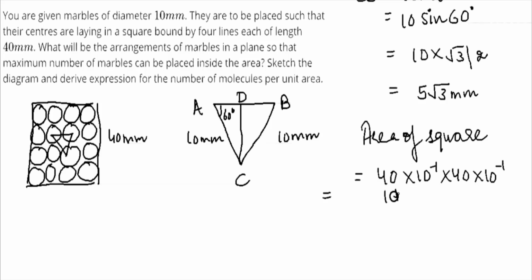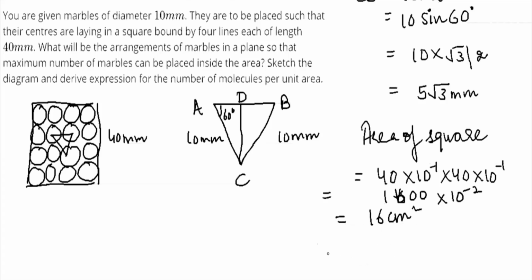So 40 into 40 will be 1600, into 10 raised to the power minus 2. So you will be getting 16 centimeter square. So this is your area of the square. Now, the marbles are given to be of diameter 10 millimeter.